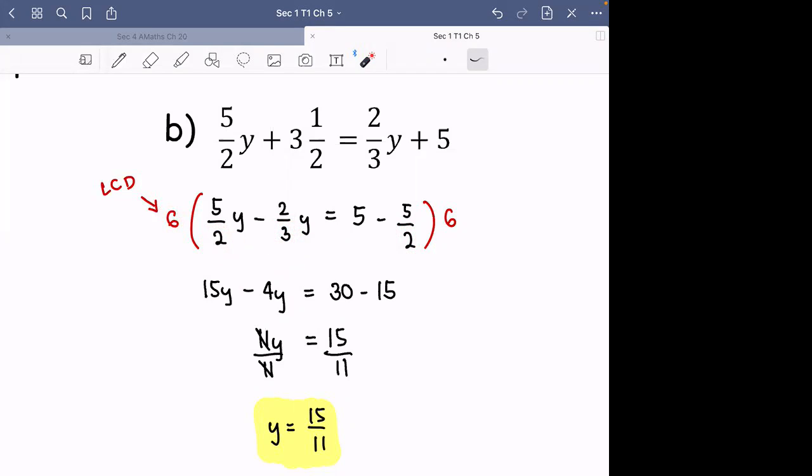So we multiply the whole equation by 6 to remove the fractions. 6 times 5 over 2 is 15y, and then 6 times 2/3 is minus 4y, and then 6 times 5 gives you 30, and 6 times 5 over 2 gives you 15. Simplifying this, our answer is 15 over 11.